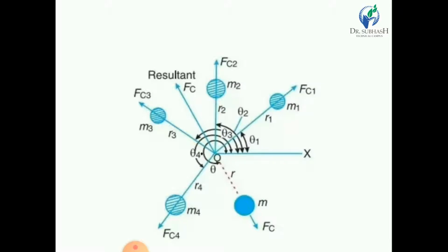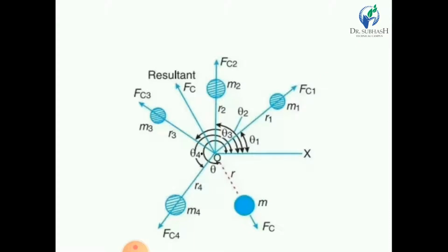Now we can see that because of rotation, the M1 mass is rotating with angular speed omega. These four masses are rotating with the same angular speed omega because they are attached to the same shaft. So mass M1 is rotating with omega radian per second, and some centrifugal force Fc1 is generated in this direction.